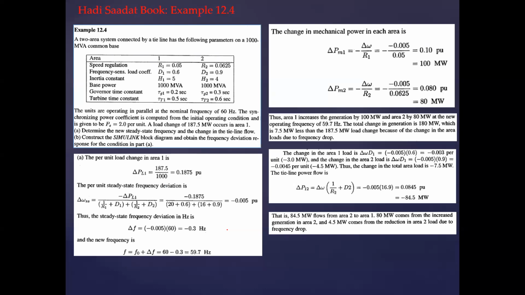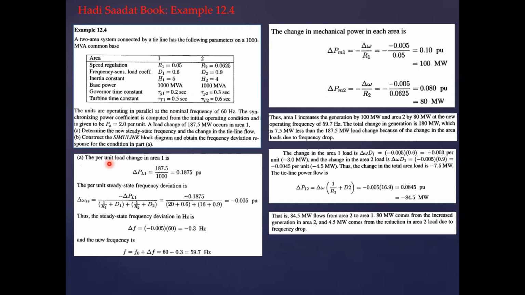We have one example in the book. You can refer to it. It is from the Hadi Saadat book, Example 12.4. Here they have it for a two-area system, and they have given the droop, the load damping constants for the two areas, the inertia, the base power, and the governor and turbine time constants, and so on.